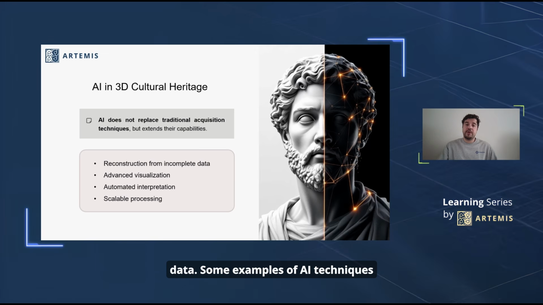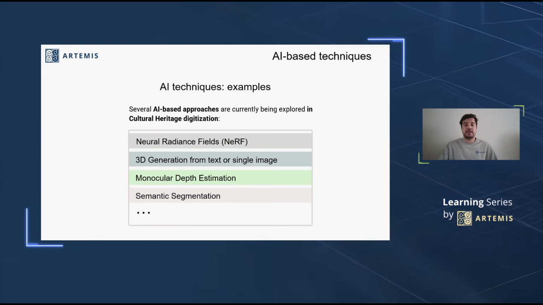Some examples of AI techniques adopted in recent years in the field of cultural heritage are neural radiance fields, the so-called NeRF, generative AI for 3D content from text or from a single image, monocular depth estimation, and semantic segmentation. At present, these techniques appear very promising, but they still present several critical issues.